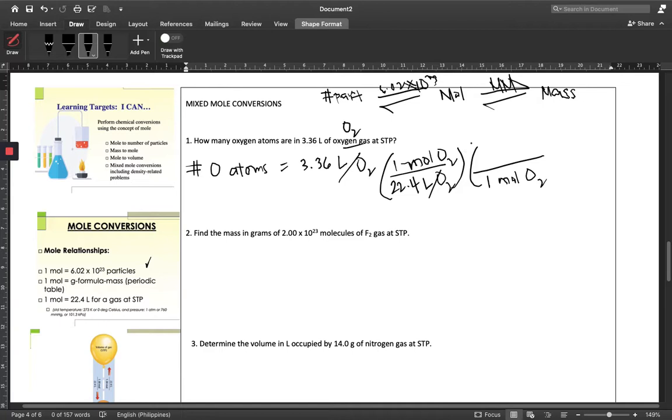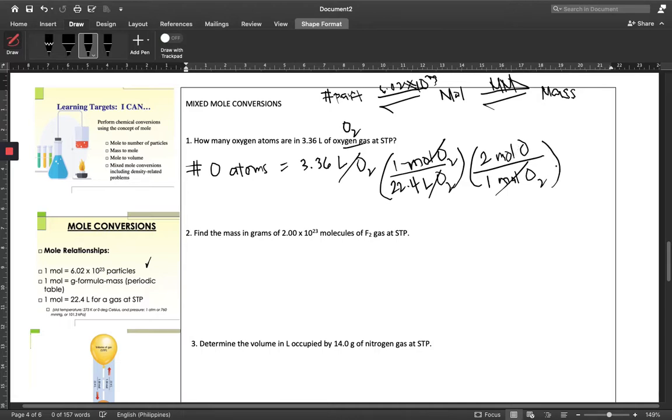Therefore, it follows that for 1 mole of O2, there are 2 moles of oxygen. Does it make sense? It follows that in 1 mole of oxygen gas, there are 2 moles of oxygen. So we get to cancel the moles of oxygen gas, and we now have moles of O atoms.